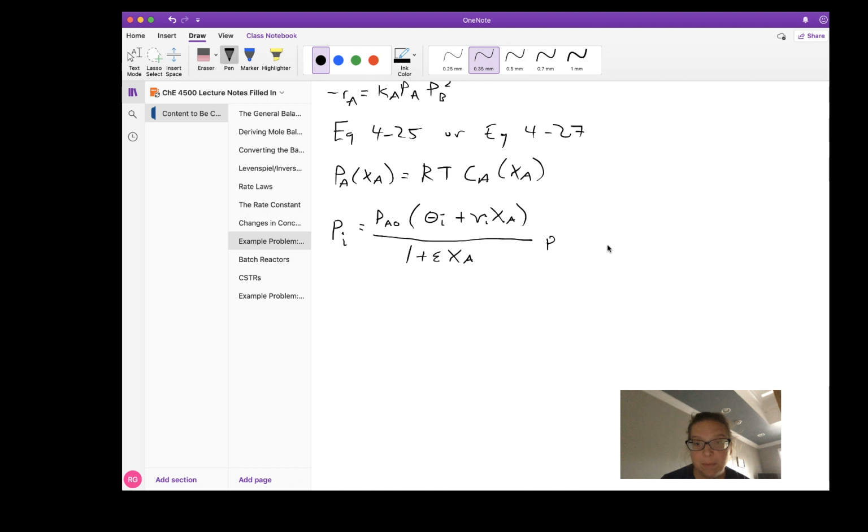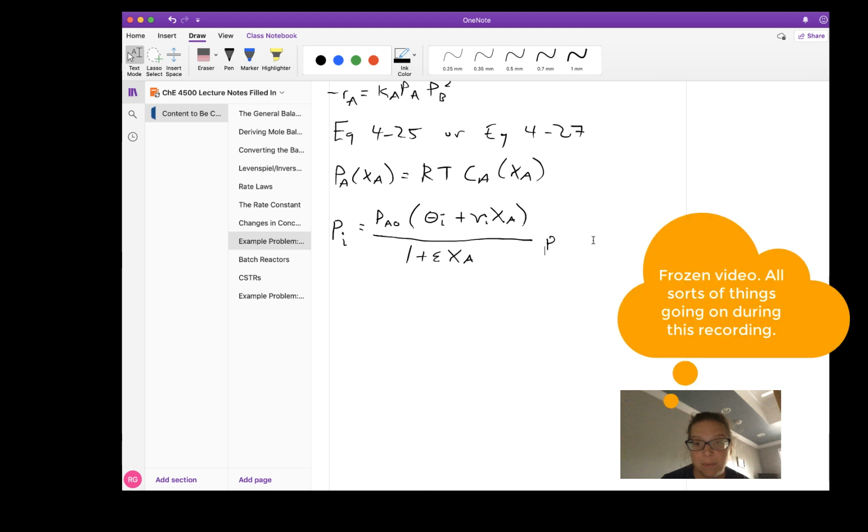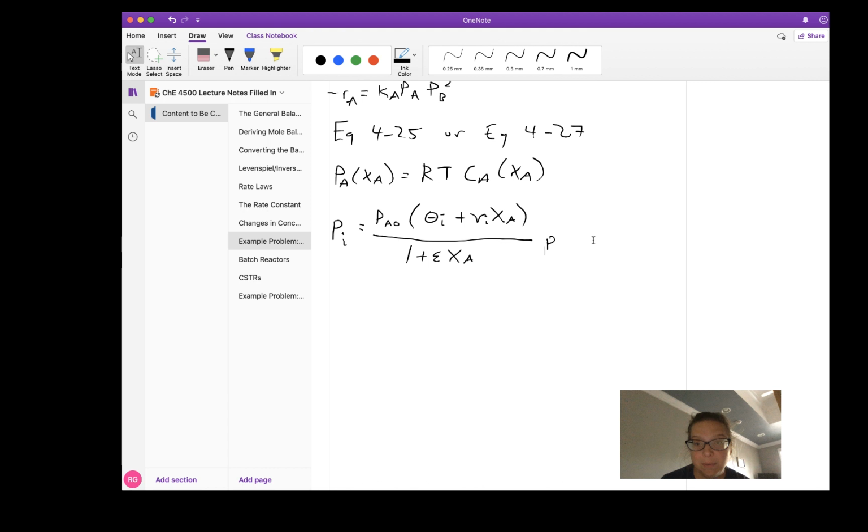This lowercase p comes into play when we have pressure drop, that is, if the reactor were not isobaric. We'll see that when we work with PBRs. For fluidized CSTRs, we don't have to worry about it, at least not in this class. So p here is equal to 1, since the reactor is isobaric. This becomes my equation for the pressures of A and B that I can insert into this rate law.